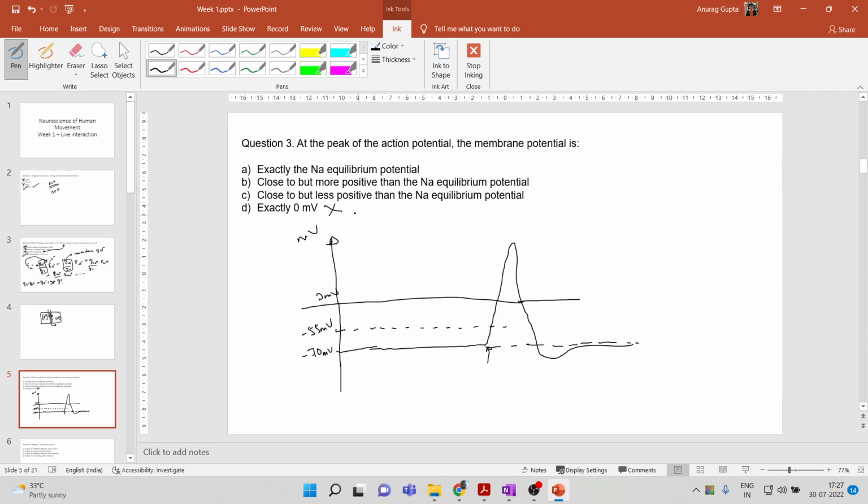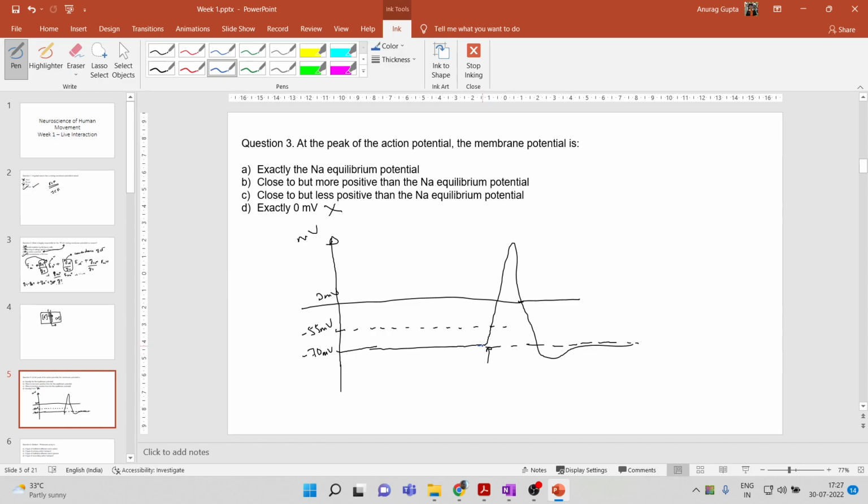Let me take another color. Let us assume that whatever I'm drawing with blue is the conductance of the sodium ion. This is just a crude diagram. I might not get the exact curve correctly, but you'll get an idea what I'm speaking about.